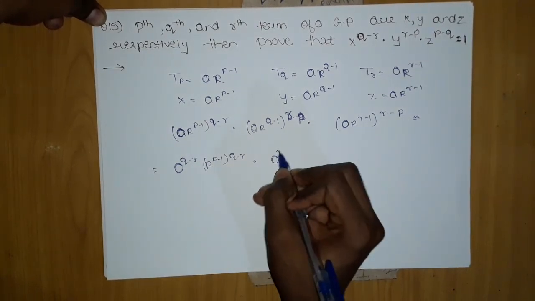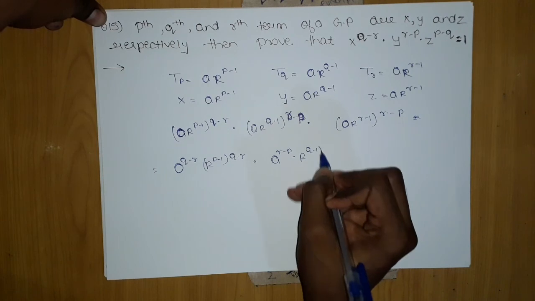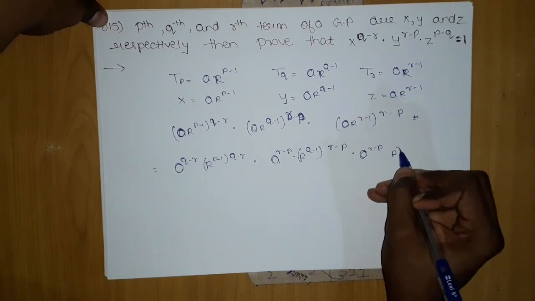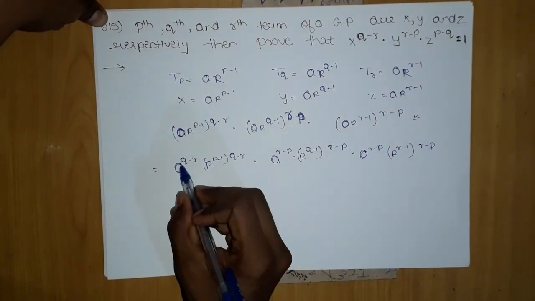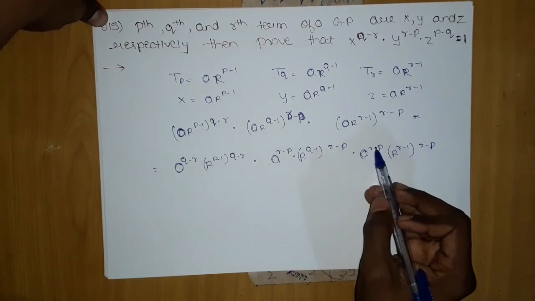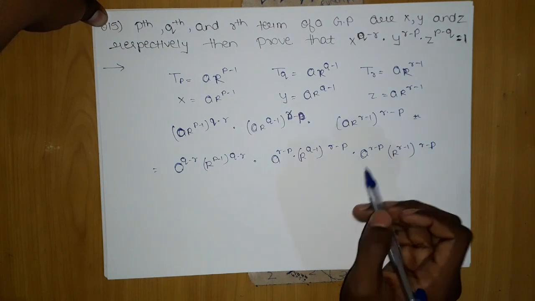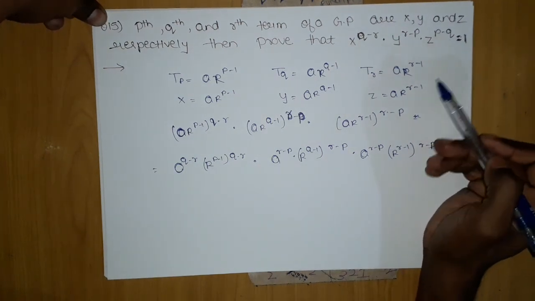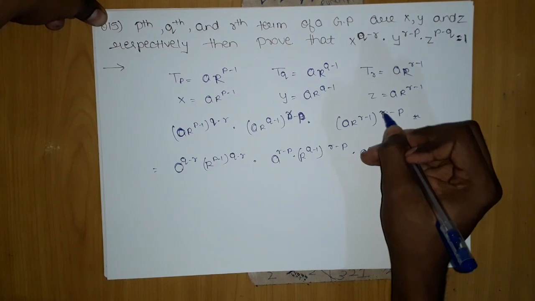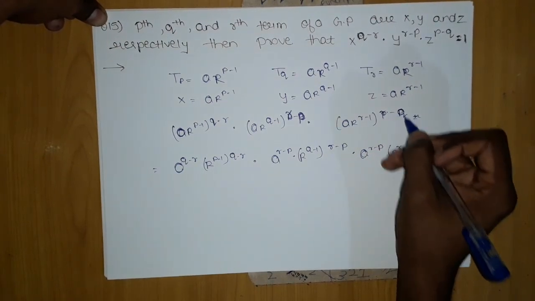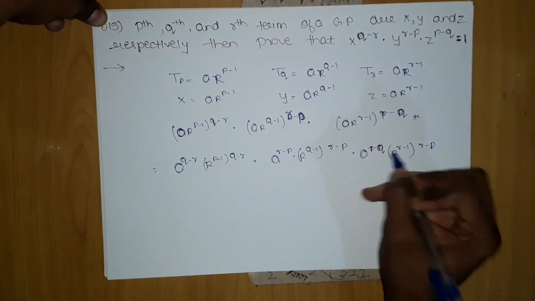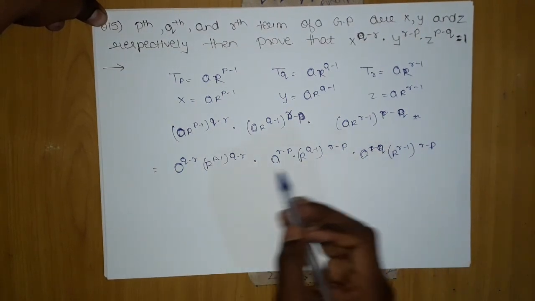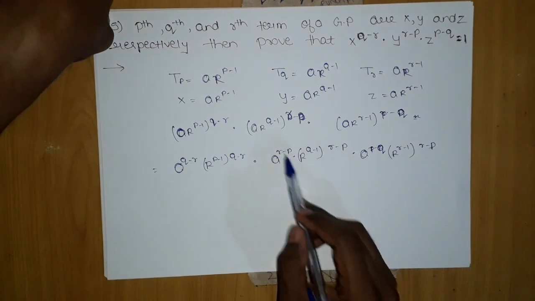Similarly, a to the power r minus p into R to the power q minus 1 into r minus p, and a to the power p minus q into R to the power r minus 1 into p minus q. Now if I add all the powers of a, this r will cancel out with this r, this p will cancel out with this p, and this q will cancel out with this q.